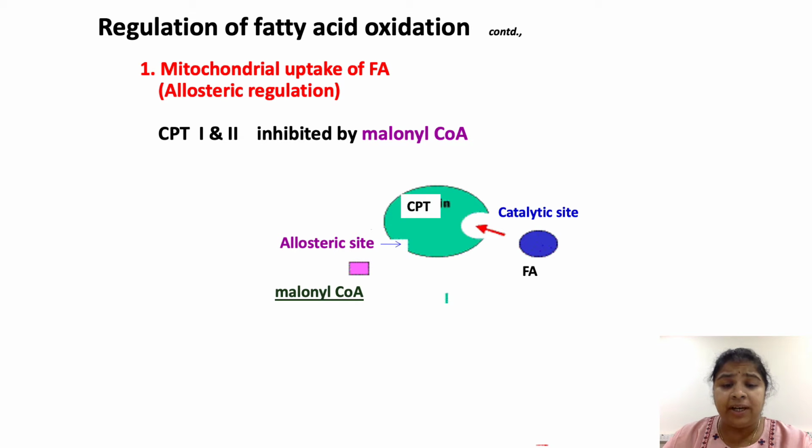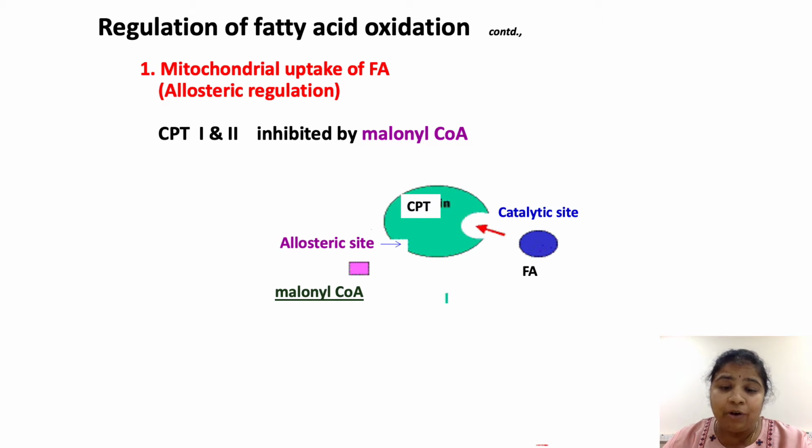During regulation, malonyl CoA, which is formed during fatty acid synthesis and is present in the cytosol, can inhibit carnitine palmitoyl transferase, or carnitine acyl transferase enzyme. This enzyme is required for transport of fatty acids into the mitochondria.